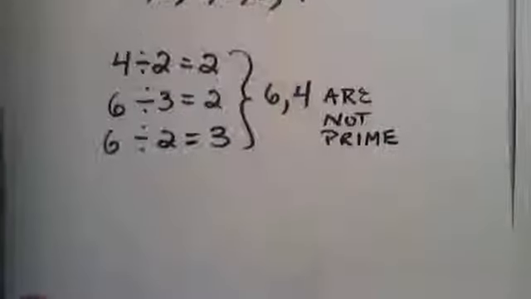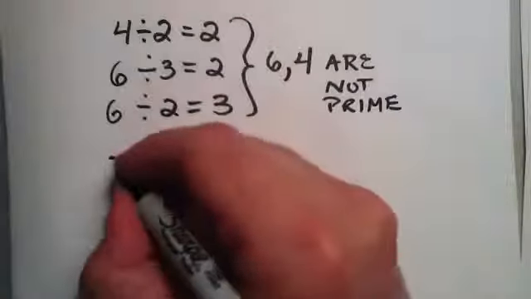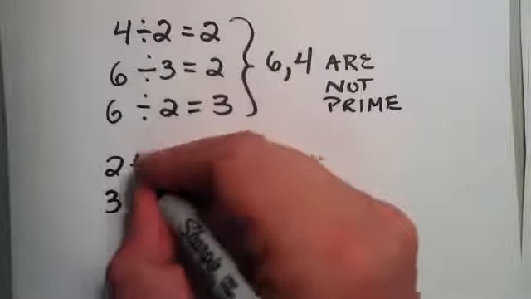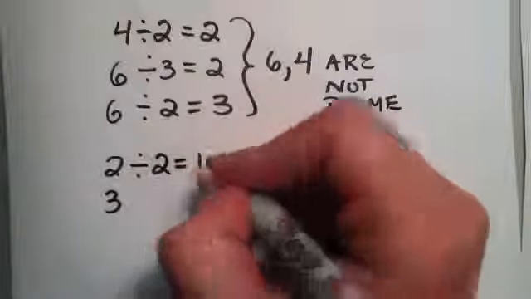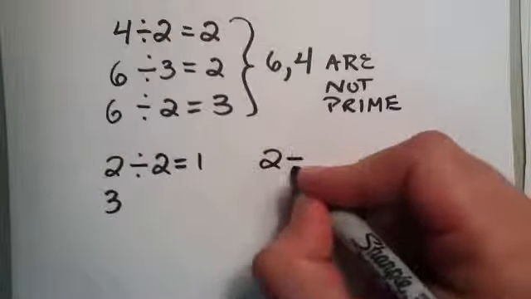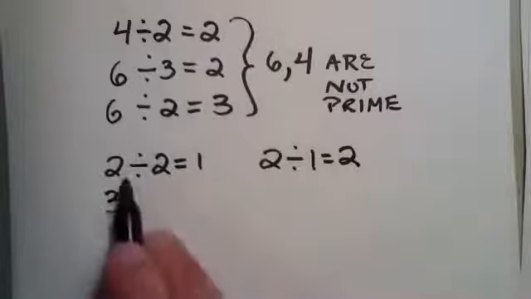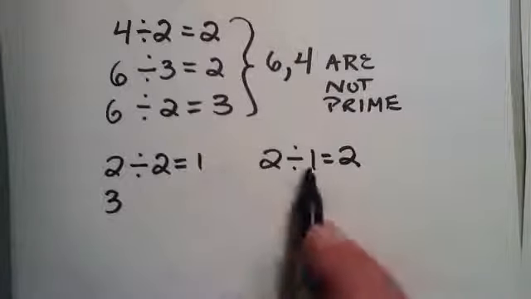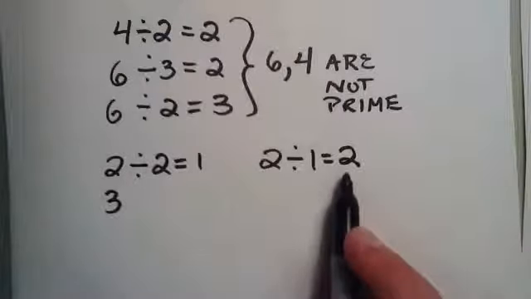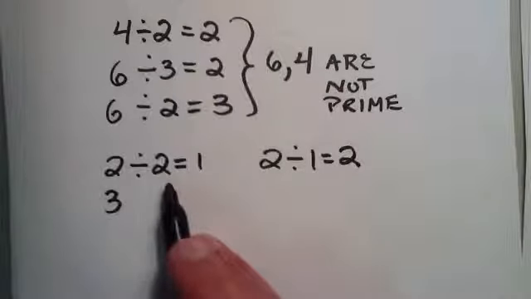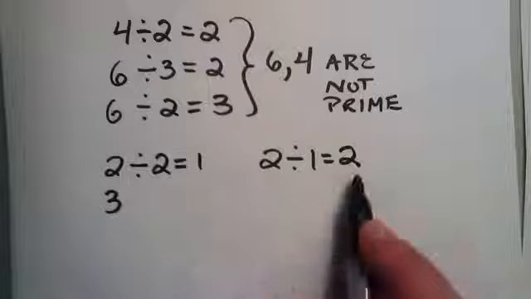Now 2 and 3 are prime. 2 divided by 2 equals 1. 2 divided by 1 equals 2. These are the only two equations where 2 is divided by a positive integer and still produces a positive integer.